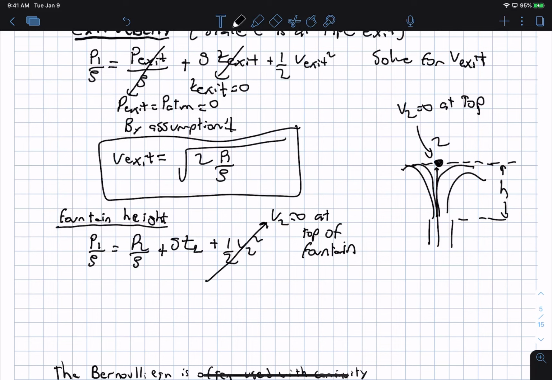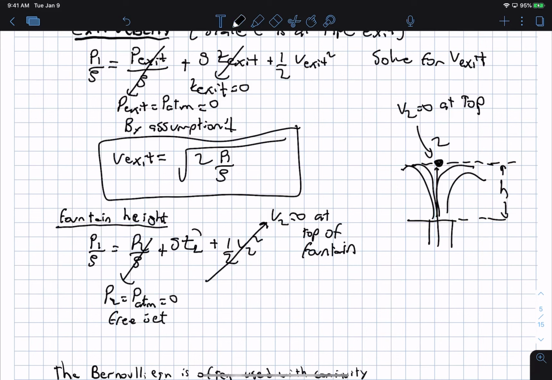Okay. And again, this entire thing is the free jet. So P2 equals P atm, which equals 0 because it's a free jet, so that term goes away. And Z2: the top of the pipe was where our datum plane was, so Z2 is nothing more than the height.